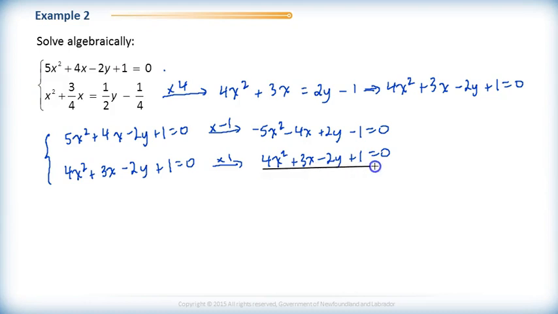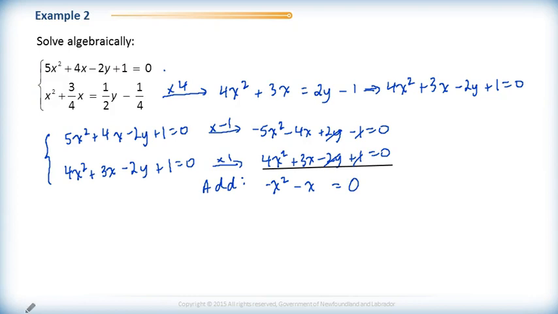I now add those two equations. Negative 5x squared plus 4x squared is going to be negative x squared. Negative 4x plus 3x is negative x. My y's are now gone. My negative 1 plus 1, they're gone as well. So I'm left with negative x squared minus x equals 0.